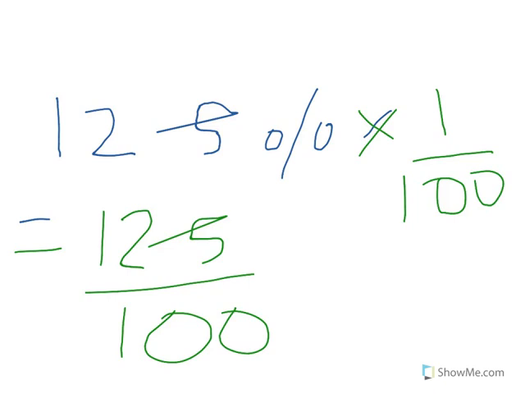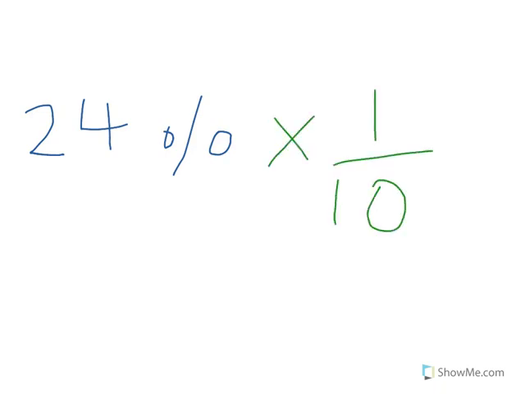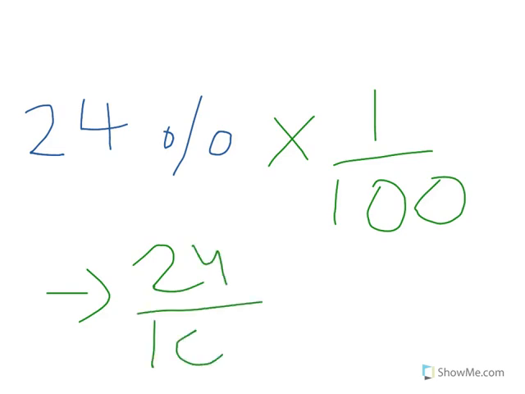If I have, for example, 24% and I want to change it into a fraction, I will multiply it by 1 over 100, which equals 24 over 100, and then I can further simplify this fraction if I want. To simplify, find a number that is divisible by both the numerator and denominator.